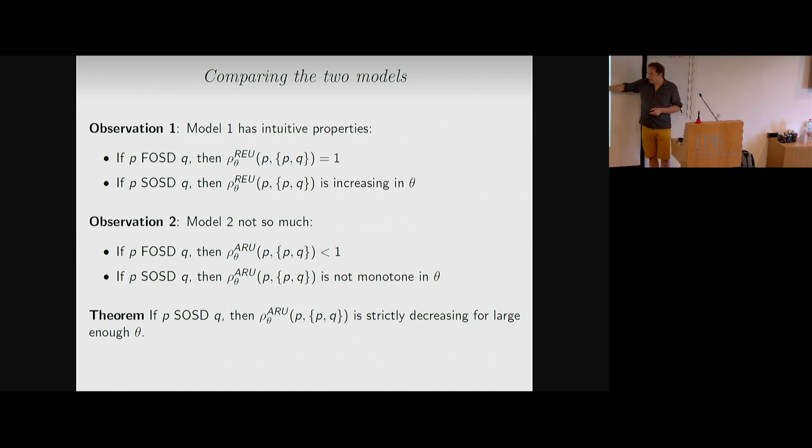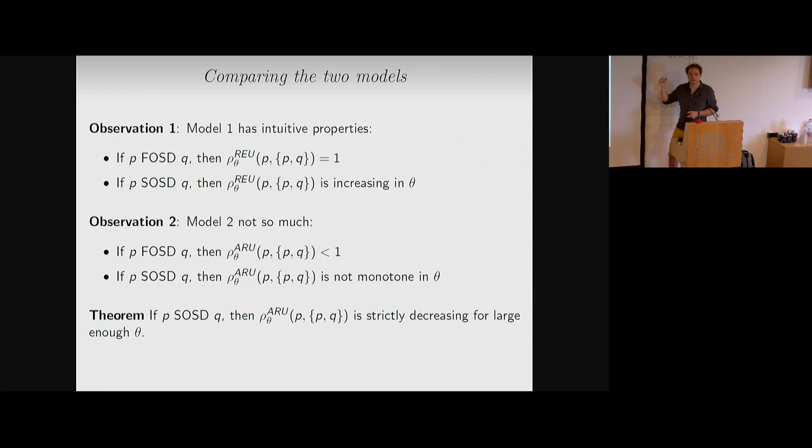But the second model, the experimental economics model, doesn't have these properties. The probability that P gets chosen over Q does not have to be 1, because as I just discussed, it could be that P gets a very low draw of epsilon and Q gets a very high draw of epsilon and Q gets chosen on that trial. And moreover, more interestingly and damagingly to this model, if P is second order better than Q, so it has less risk than Q, it could be that the probability that it gets chosen is actually decreasing in theta for high values of theta.